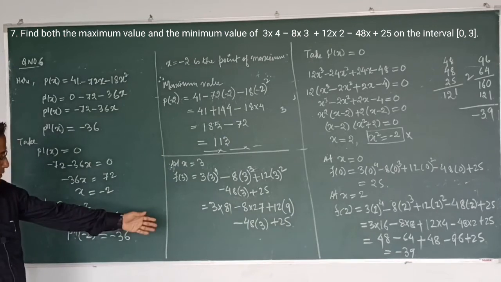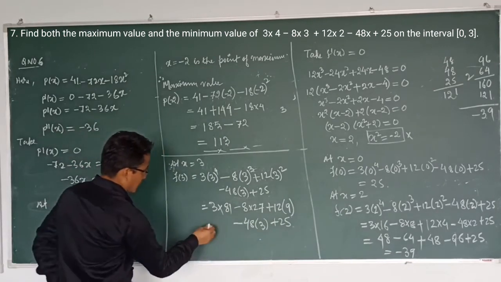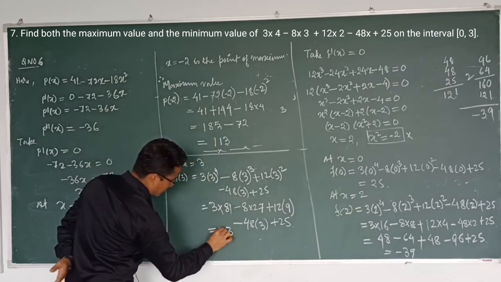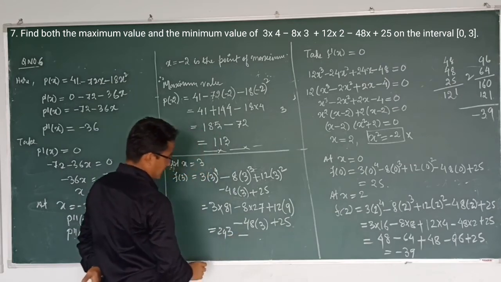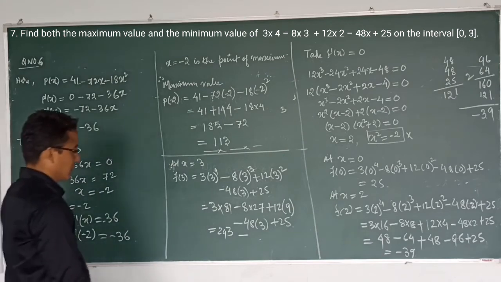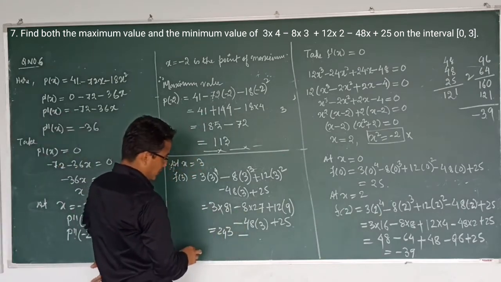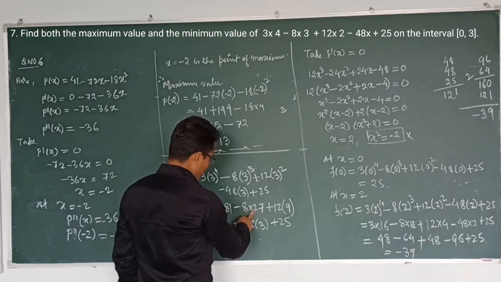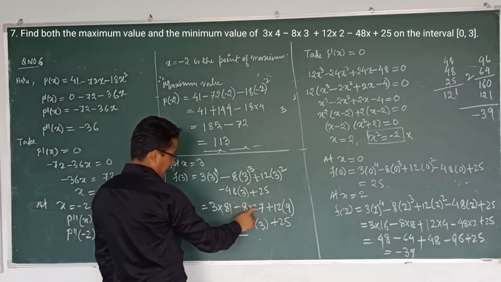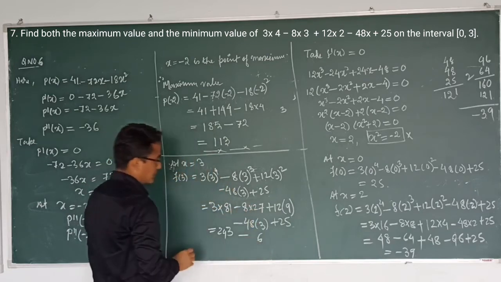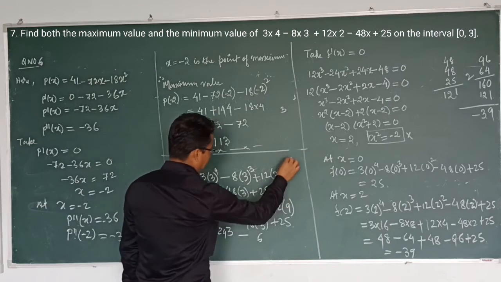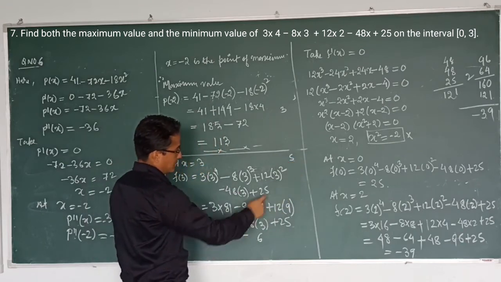So like this we are doing: 3 1s are 3, 8 3s are 24. Okay, then it's 8 into 27. 8 into 27 we are doing like that, 8 2 7. So 7 8s are 56, 5 carry over. Okay, 8 2s are 16 plus 5 is 21.